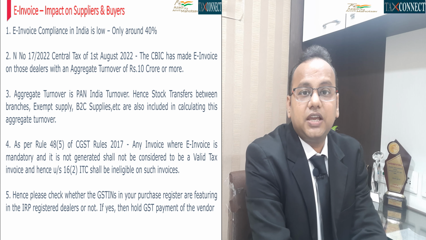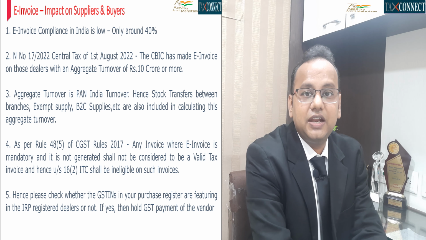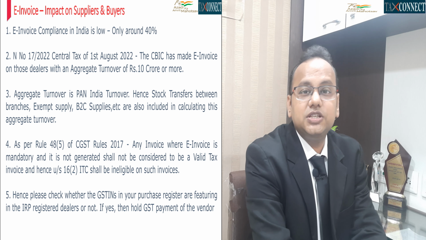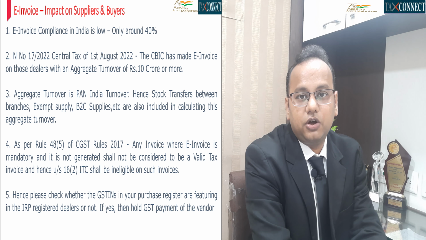So how do you check this as a recipient of goods or services? Well, please check the GSTIN numbers of your suppliers, whether they are registered in the IRP portal or not.